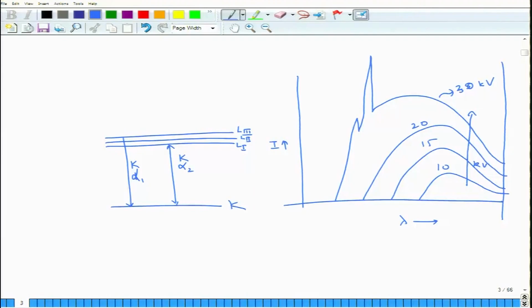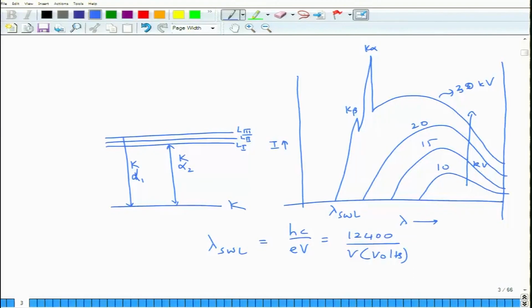At lower voltages you get radiation of wide wavelengths, which is called continuous radiation. At higher kVs you start getting characteristic radiation, in this case K beta and K alpha, which is very useful for X-ray diffraction because it provides high intensity. The limit of wavelength is called lambda SWL, which I showed you in the last class. This is equal to hc divided by eV, which turns out to be 12,400 divided by V in volts.